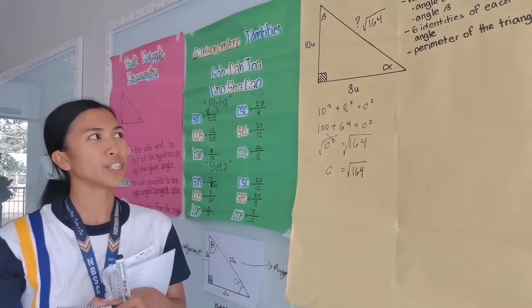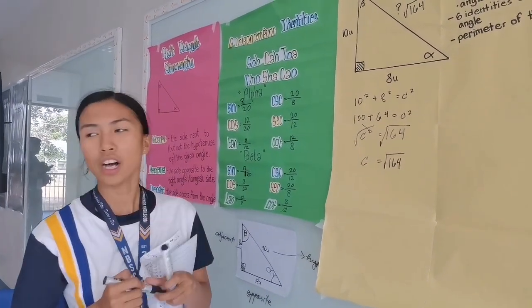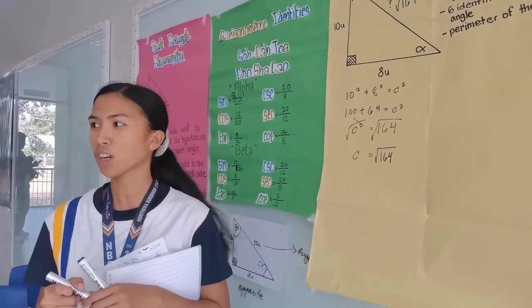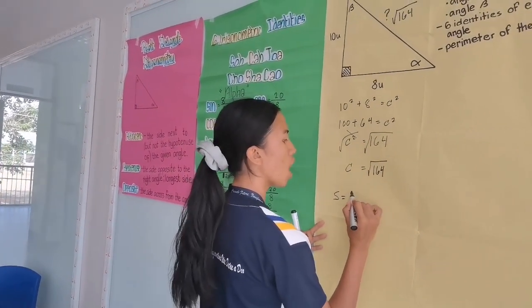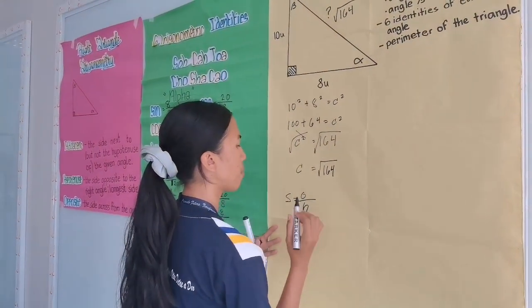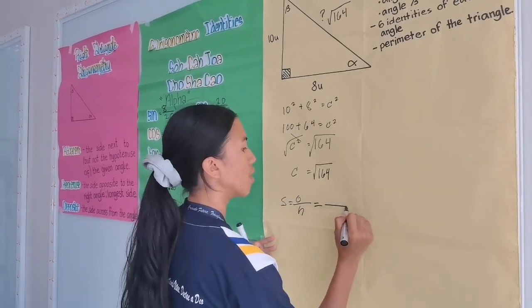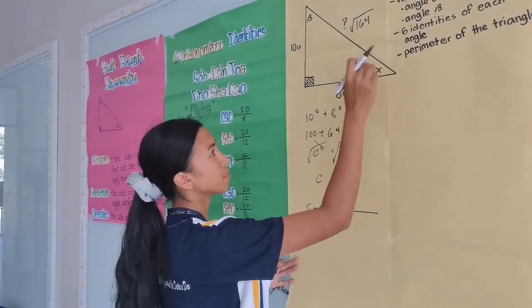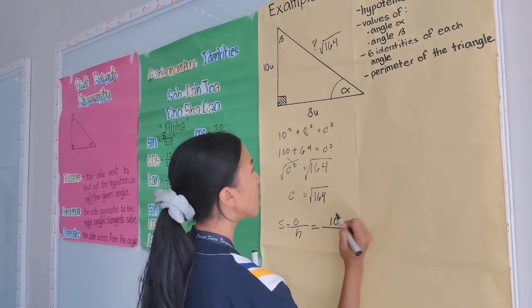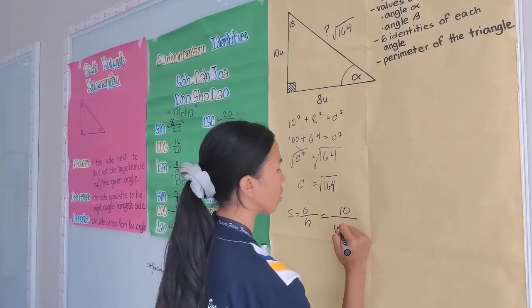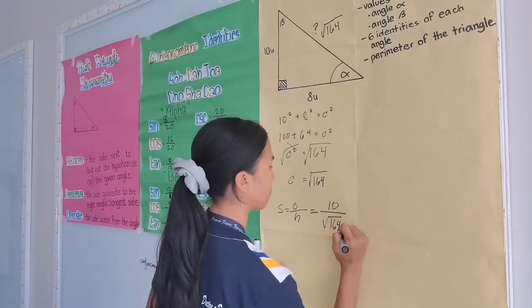To get the value of angle alpha, we use the sine in SOHCAHTOA. Sine is equal to opposite over hypotenuse. The opposite value of angle alpha is 10 units, and its hypotenuse is the square root of 164.